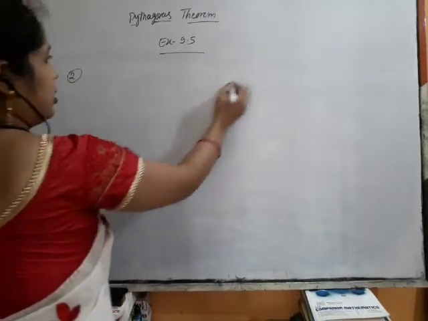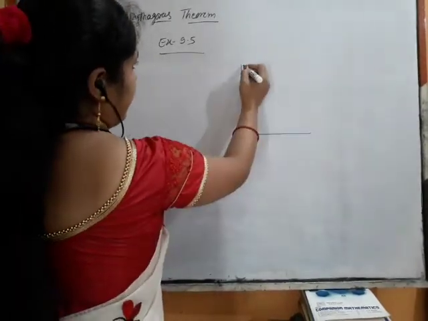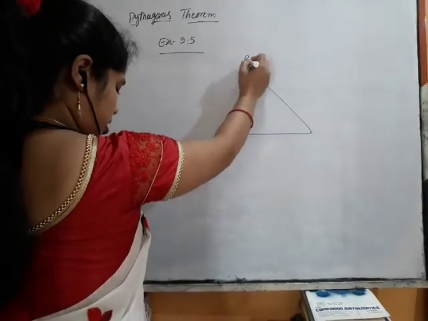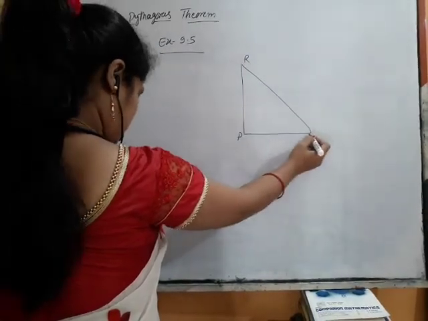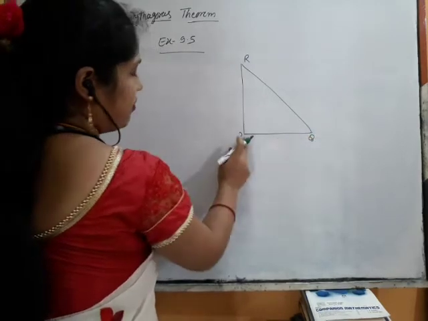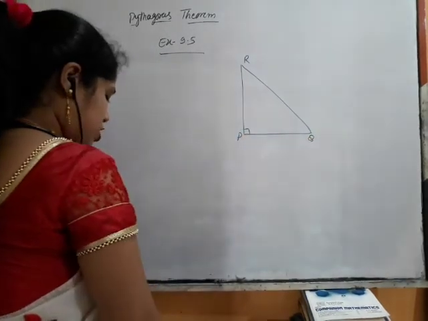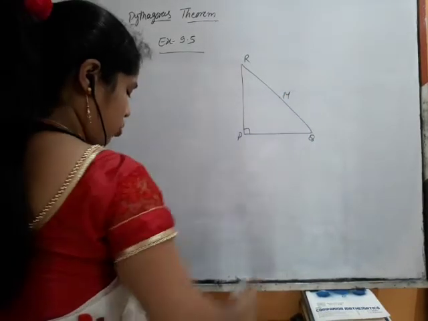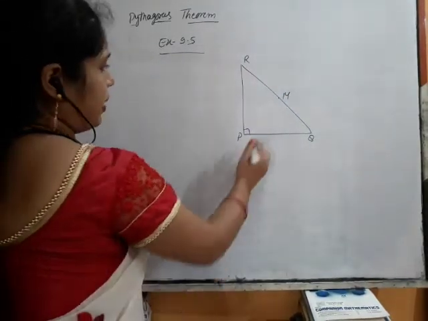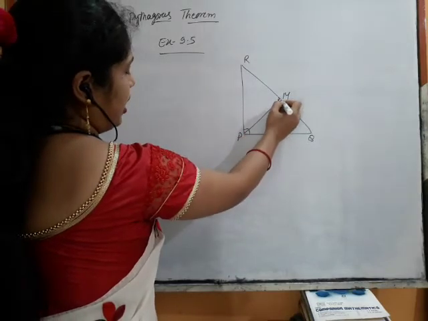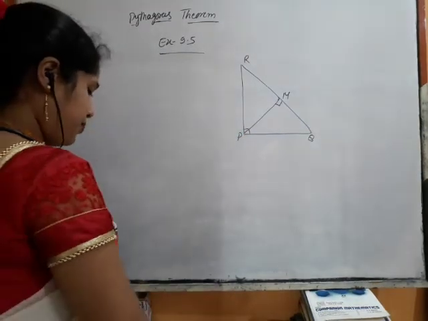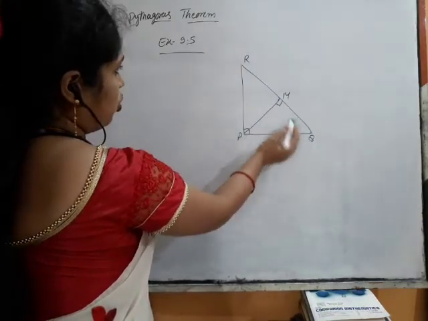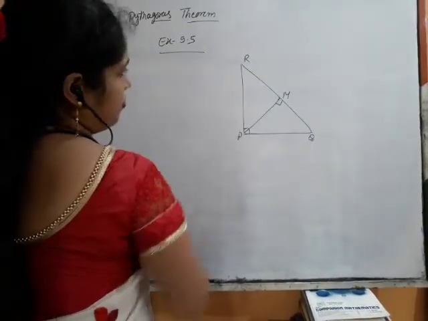So here we have a right angle triangle PQR which is right angled at P. So M is the point on QR such that PM is perpendicular to QR. Okay, it is given perpendicular to QR. So we have to show that this PM square is equal to QM and RM.